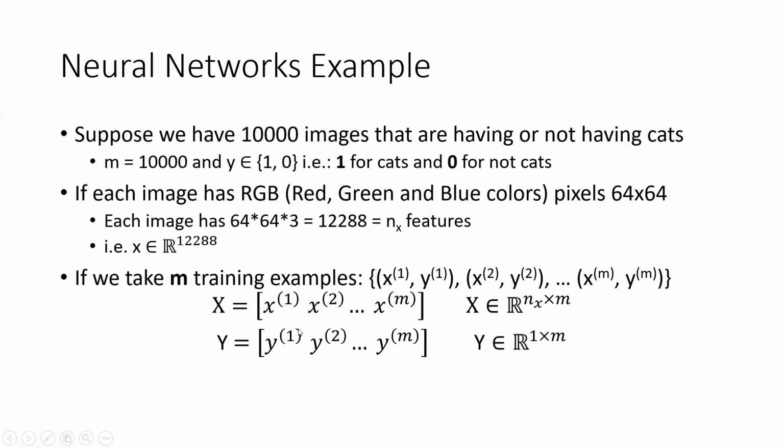This is the first image's y value, this is the second image's y value, and so on. This is the mth y value. And the dimensions of y would be 1 times m, because for each y value there's only a single value. It can either be 0 or 1, and there would be m number of data points. So this is the dimension of y, and this is the dimension of x.